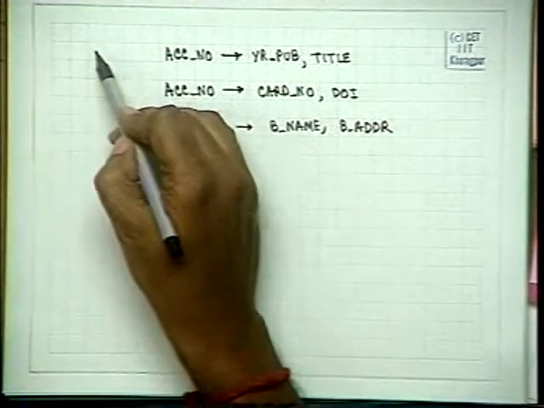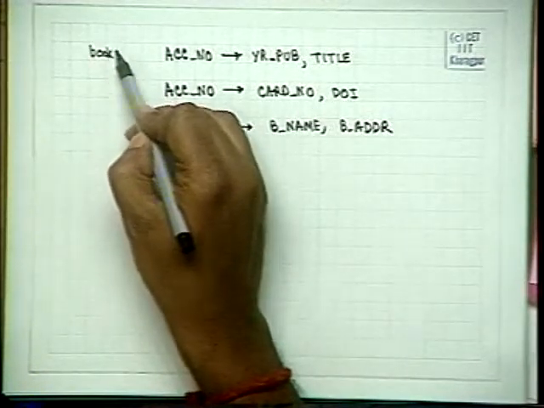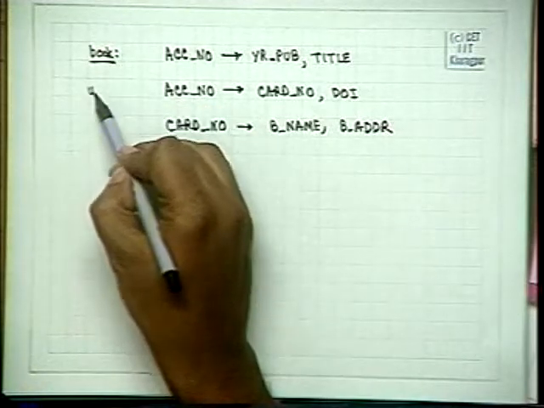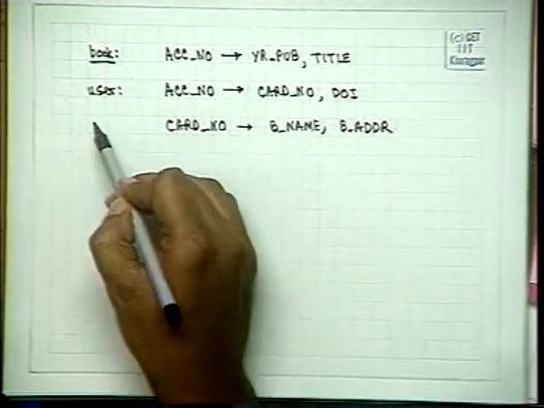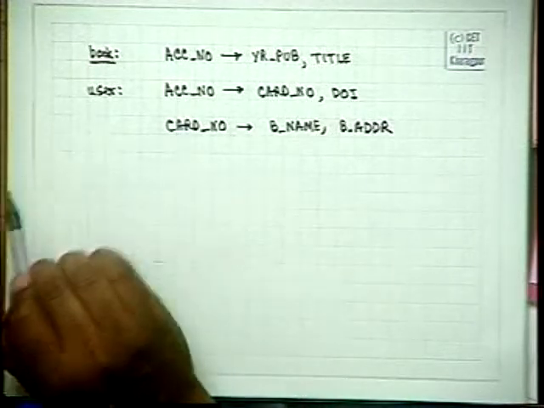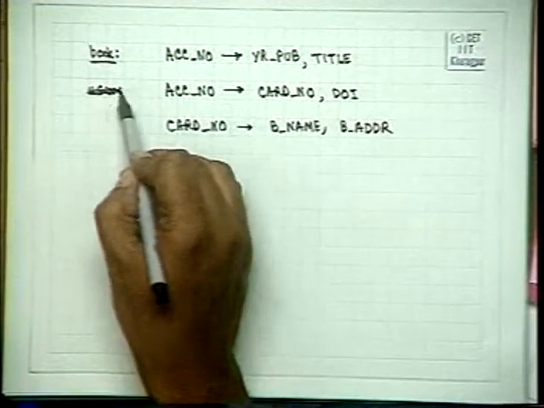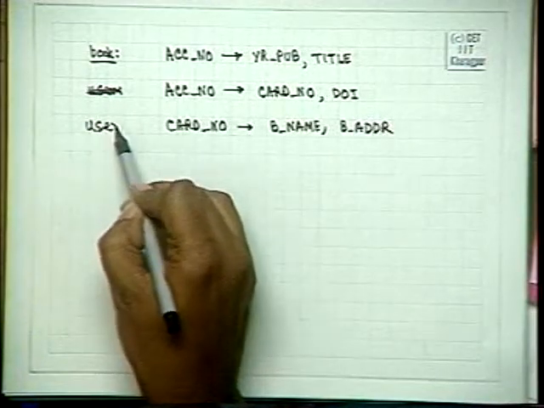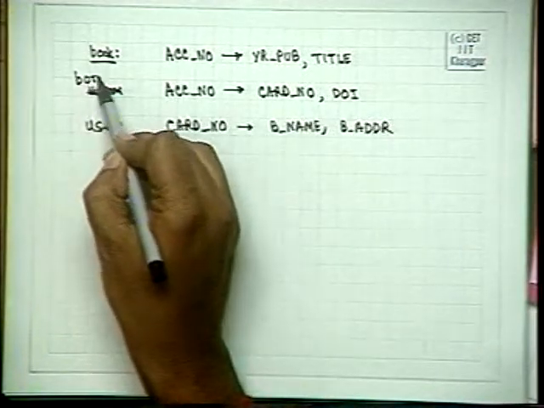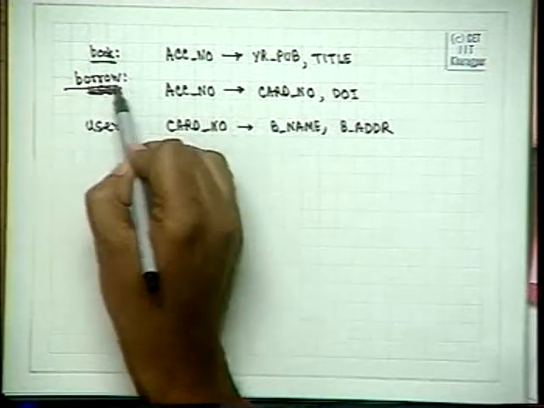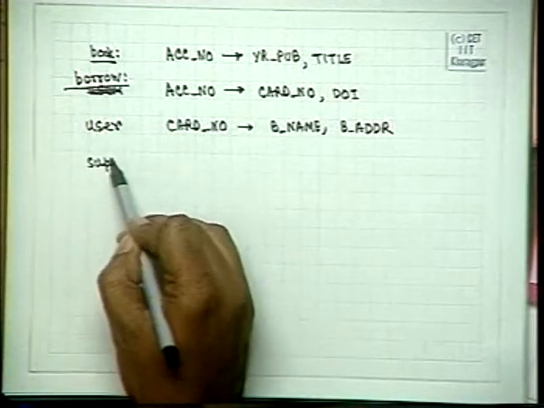This is from the book relation, this is from the user relation, this is from the borrow relation, this is from the supplier relation.